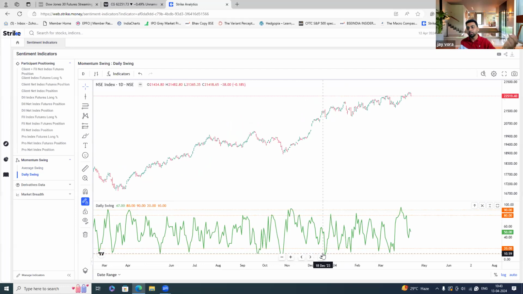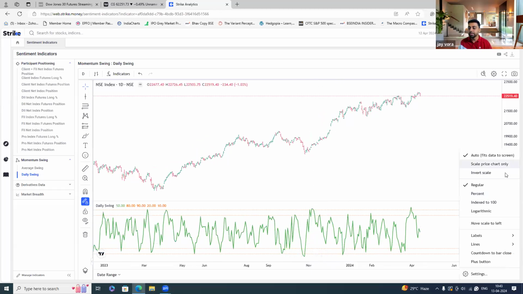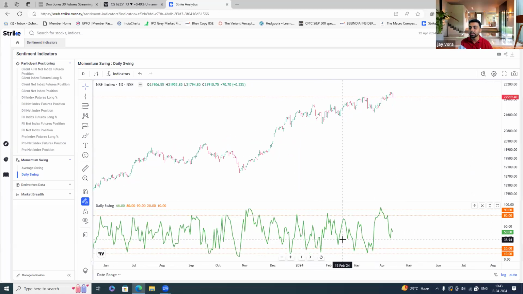So एक ही दिन में अगर market correct होगा, तो it can even fall from 90 to 10, okay. And at the same time, if market बहुत बढ़ जाता है after a sustained downtrend period, like you can see over here, यहाँ पे नीचे नीचे नीचे जा रहा था, and then when we saw a meaningful up move, so 5 days में वो 7 से सीधा 93 हो गया, right? So that's how quickly this can move.